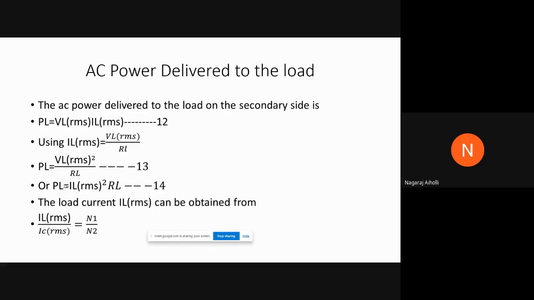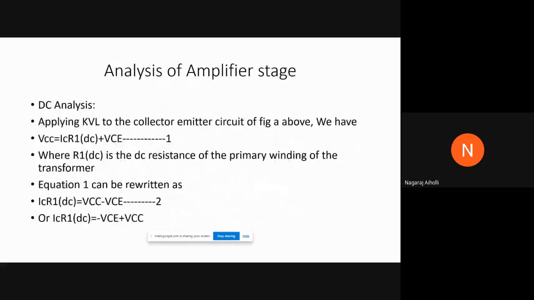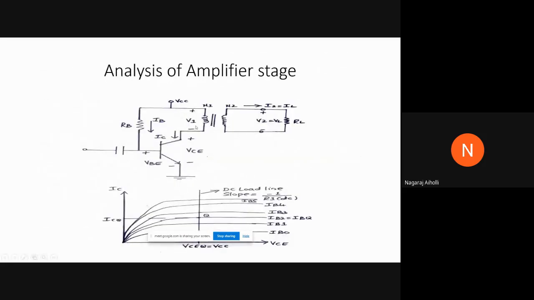Now we are using Ohm's law again, that is IL RMS is equal to VL RMS by RL, the load resistance in the secondary side of the transformer.